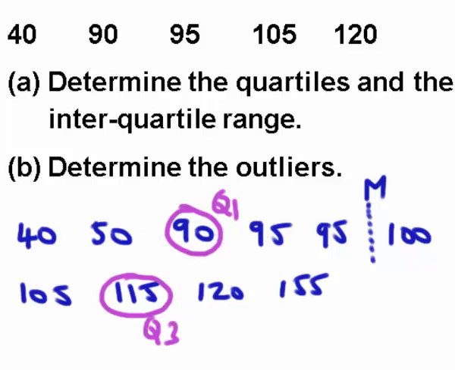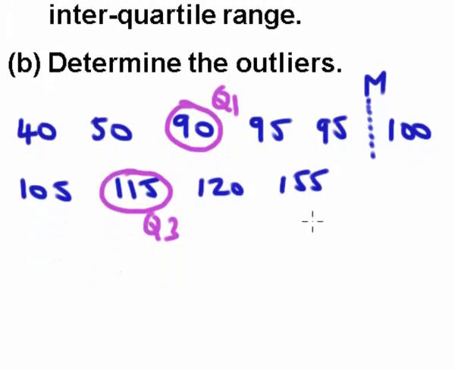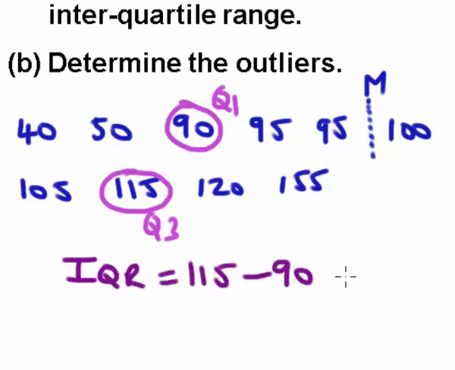So now we can look at the interquartile range. The interquartile range is the third quartile subtract the first quartile, and if you work that out it comes to 25.